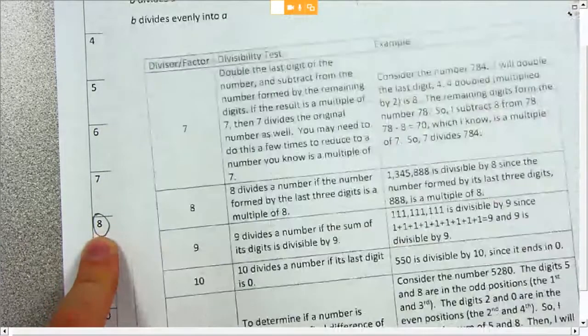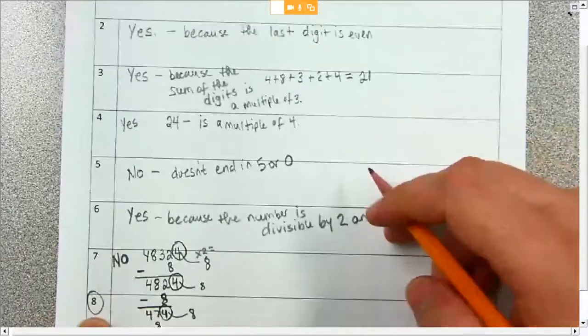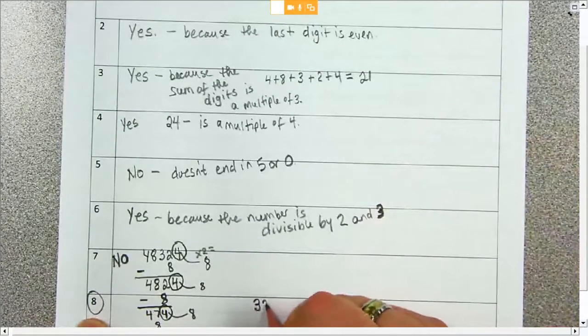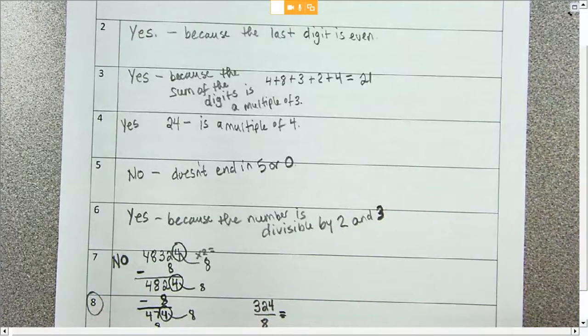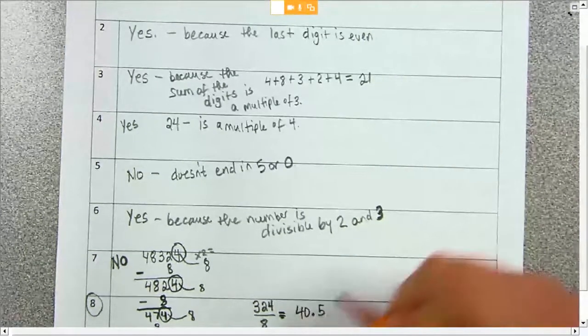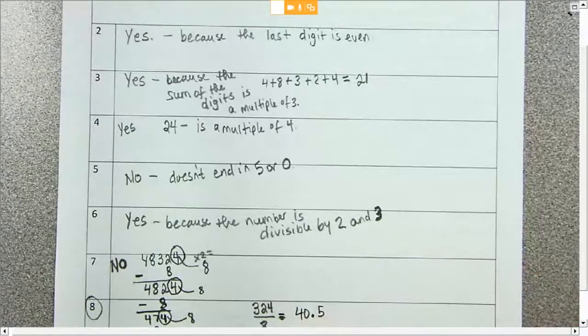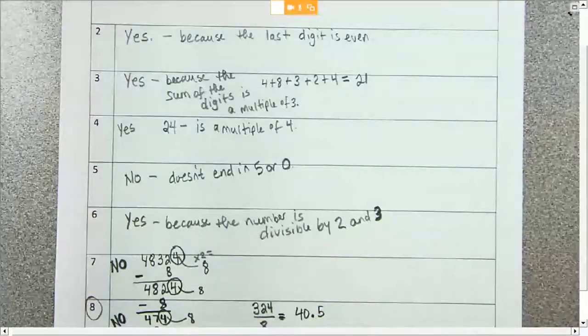So what are the last 3 digits here? 324. I'm going to take 324 and divide it by 8. Do I get a whole number? I get 40.5. Because I have that 40.5, this does not divide evenly, so no. It's not divisible by 8.